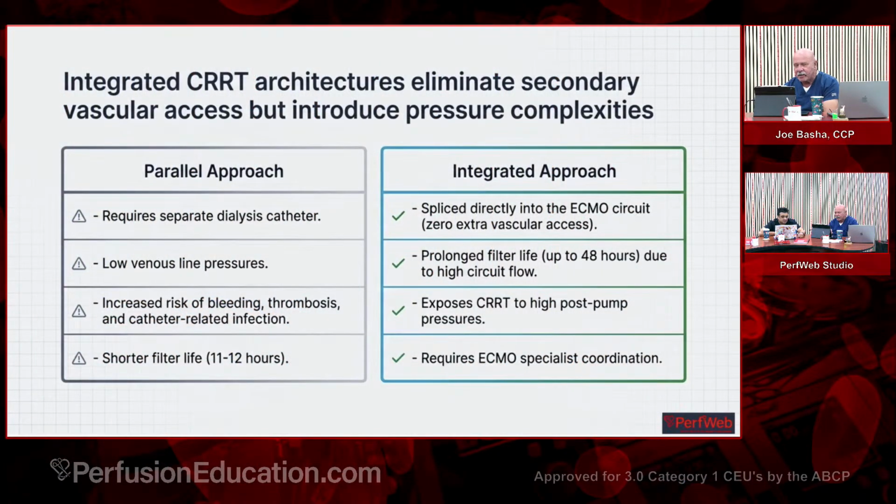So, moving on here, integrated CRRT architectures eliminate secondary vascular access but introduce pressure complexities. That's a red herring. That's easily adjustable and manageable. So, this was a bigger concern with the Nextstage machine and still can be, but I just want to be clear on something.